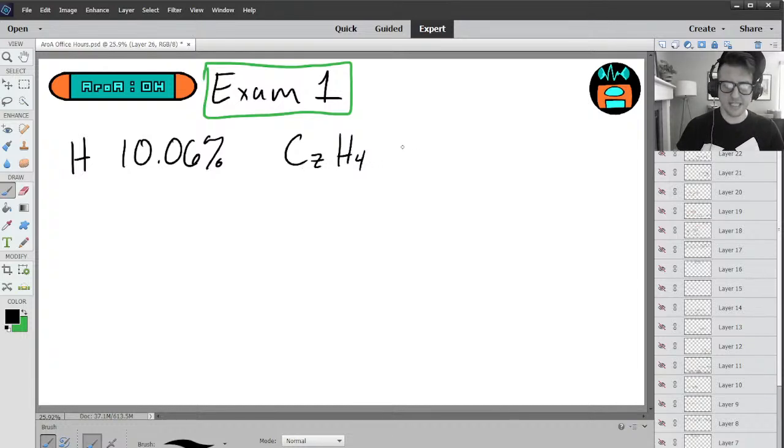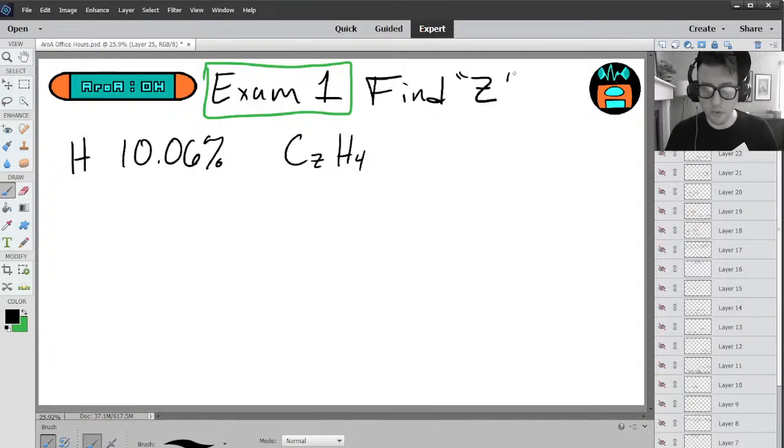And so we're being asked to find Z. We're also given the atomic mass of carbon and hydrogen to use.